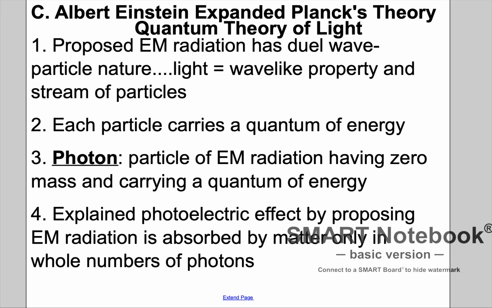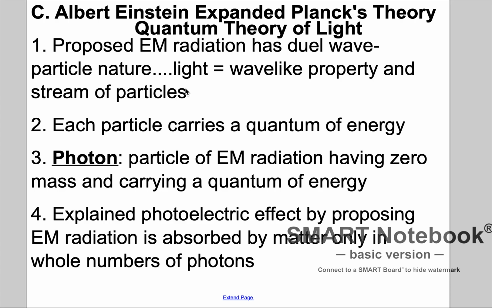All right, so Albert Einstein comes along and he decides to expand on Planck's quantum theory of light. And he's like, hey, remember, there's this dual wave-particle nature. We know that it behaves like a wave, with wave-like properties, but it also has a particle nature because it can physically knock off an electron.